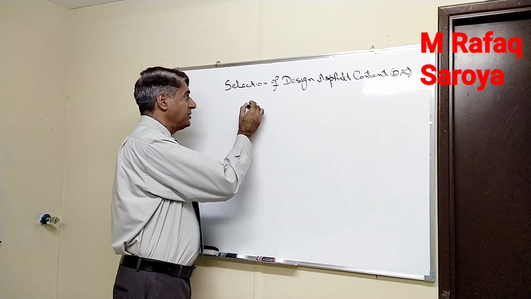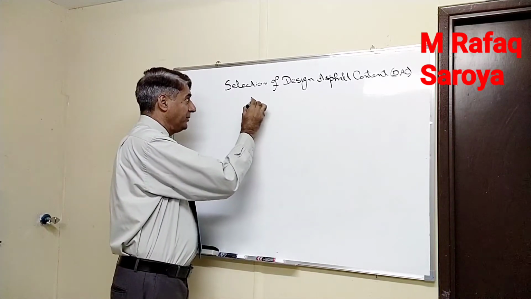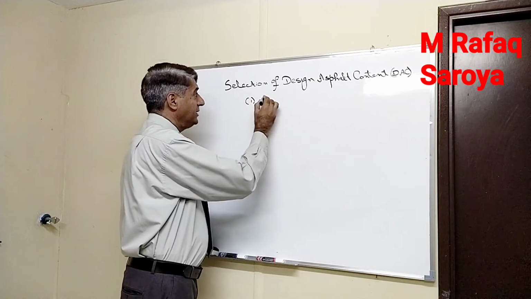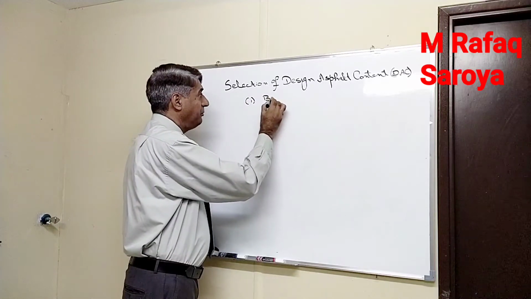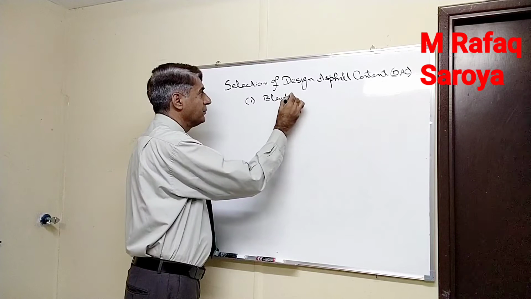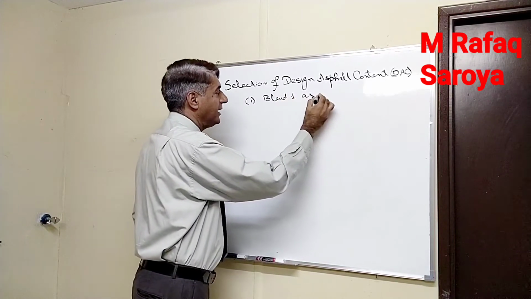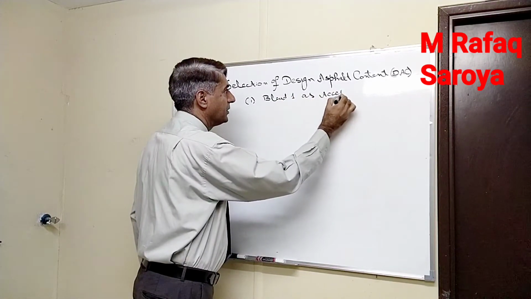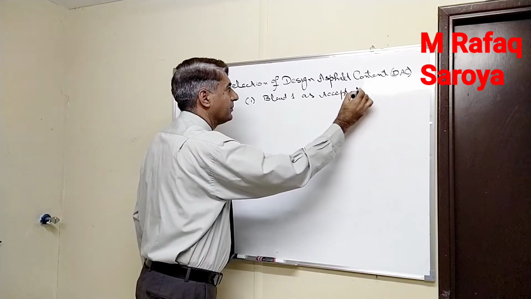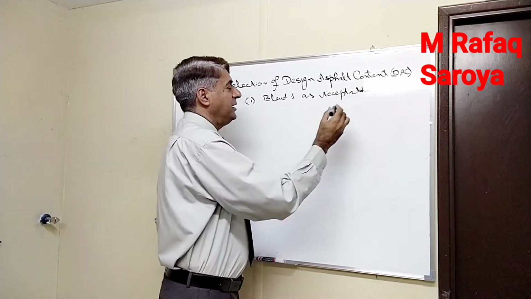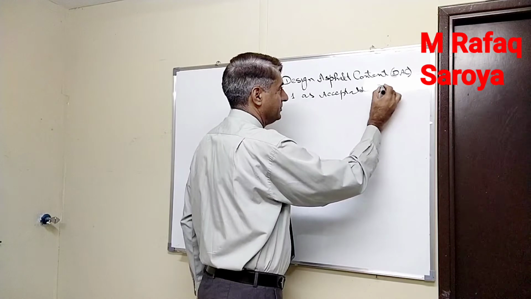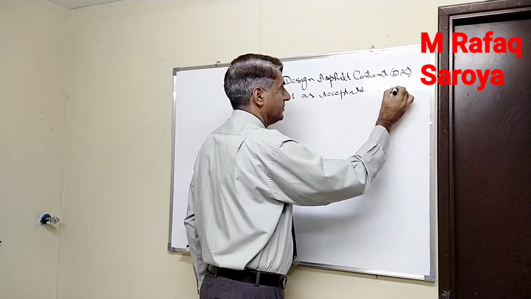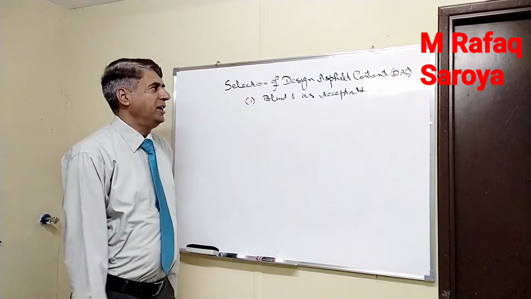In all my previous videos, we have done two things. Number one, we have selected the blend 1 as the acceptable design aggregate structure. And how have we done this?